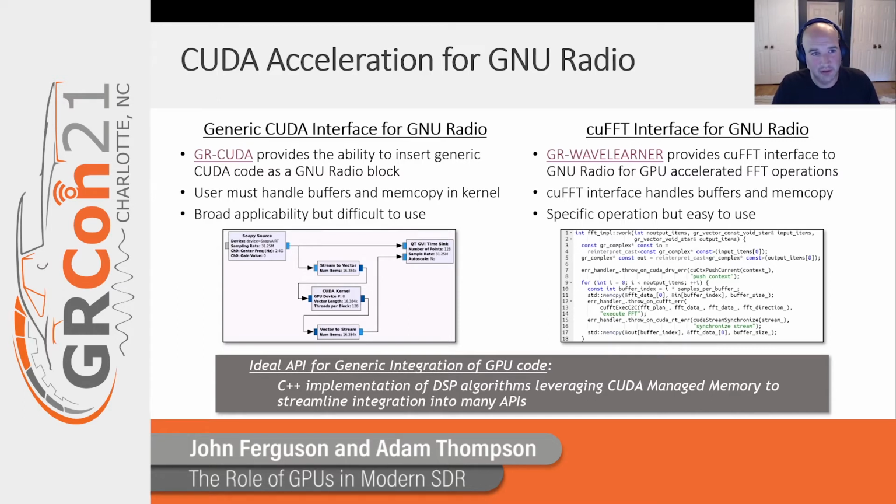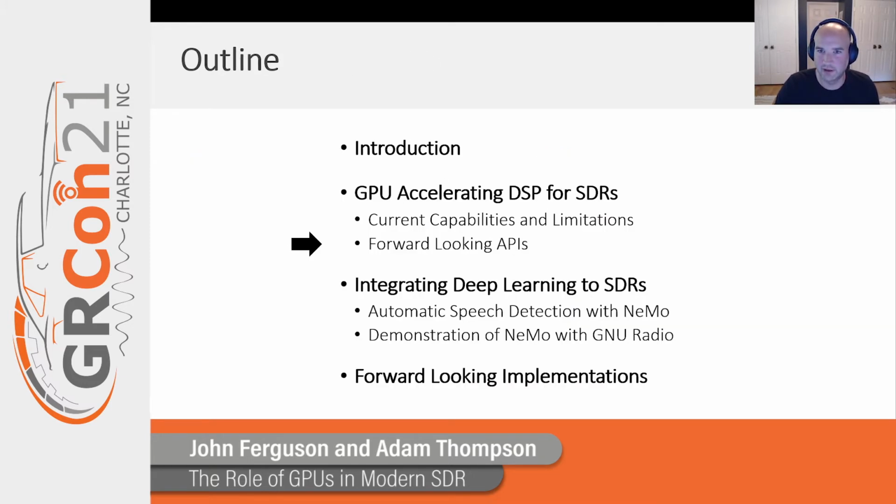As we look to the future, the ideal API for the GNU Radio community looks like a generic library that has been created, optimized for DSP at the core level. You let someone else do the math, the exposure of the CUDA managed memory, and how you handle streaming data, and then the GNU Radio community could take that library and wrap it into GR blocks, for example.